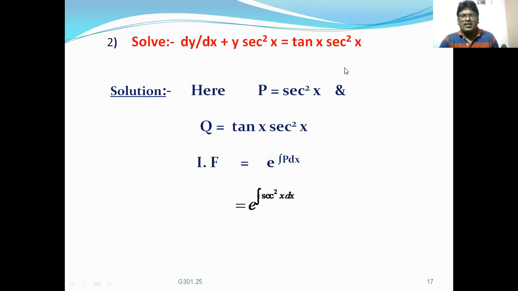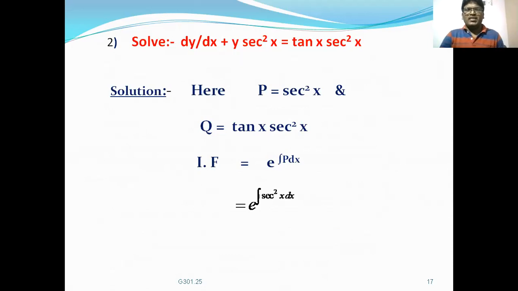So this is absolutely a linear differential equation, and then we have to go through the procedure. Now comparing with the linear differential equation dy by dx plus py is equal to q, the coefficient of y is p, that is p is equal to secant square x, and the right side term is q, from comparing those two equations.